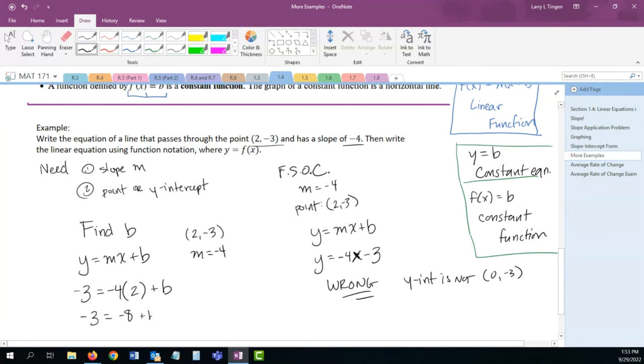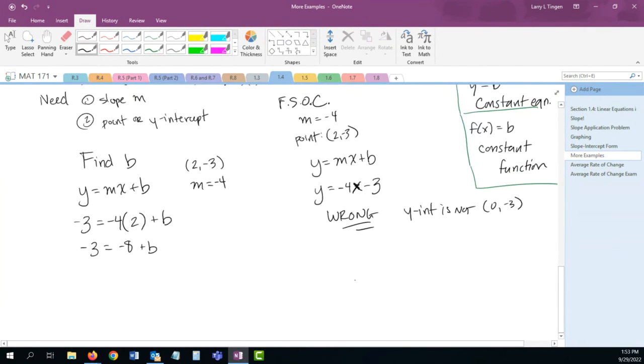Negative 4 times 2 is negative 8. Get b on a side by itself. Everything with a b to one side, everything without to the other. And then, oh, don't add 5. I was giving away the answer here. Add 8. And negative 3 plus 8 is 5. Negative 8 plus 8 is 0. So I'm left with b is 5.